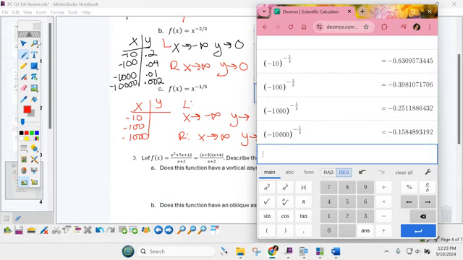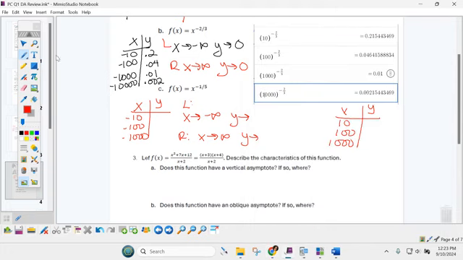So these values, even though they're negative, as our negatives are getting smaller and smaller and smaller, that's also approaching 0. Because this would be closer to negative 1, this would be closer to 0. So our left end behavior is 0.